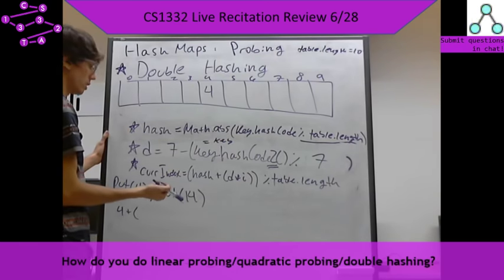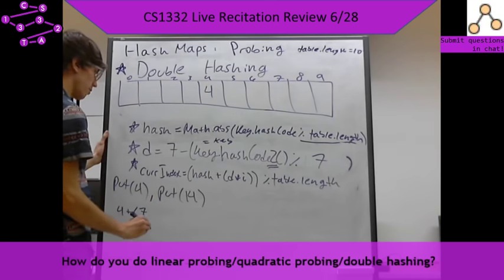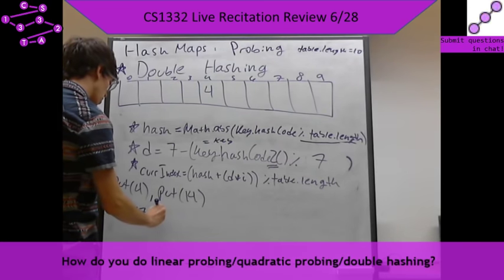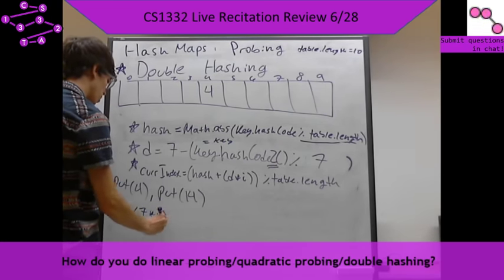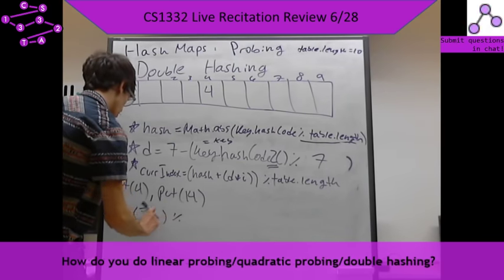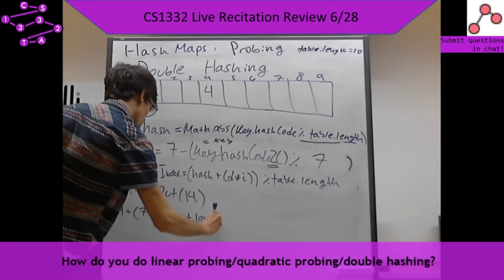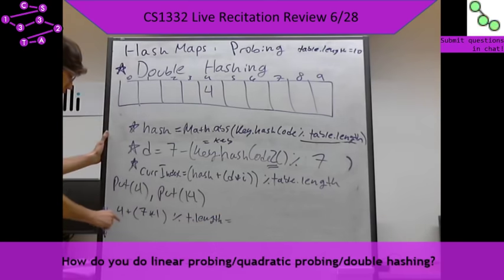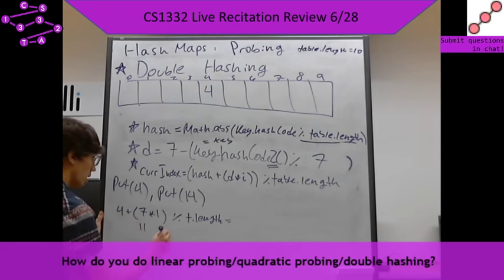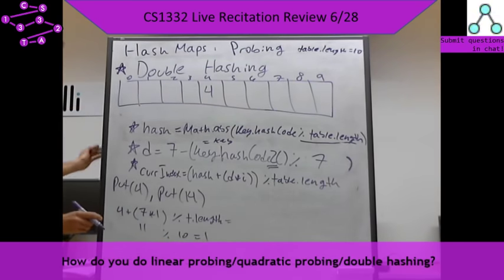14 mod 7 is going to be 0. So this is going to be plus 7 and then times I, which in this case is 1, right? And then mod table.length. This will give us 4 plus 7 is 11, mod table length, which is 10, will give us 1, right?